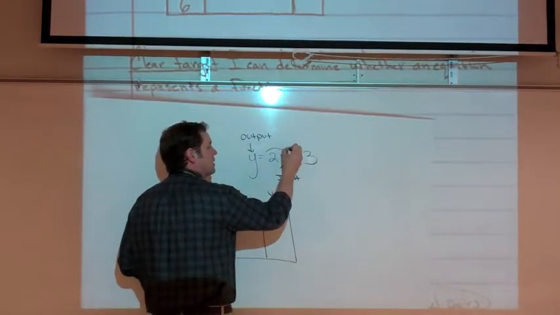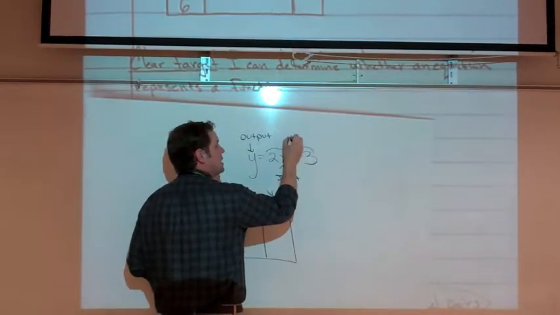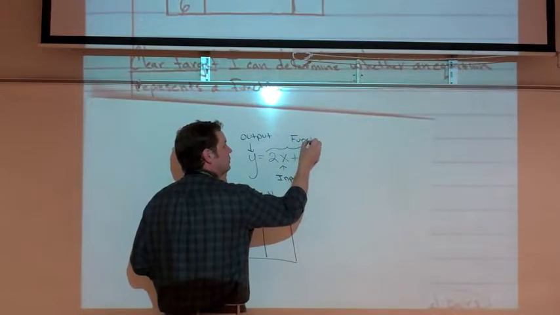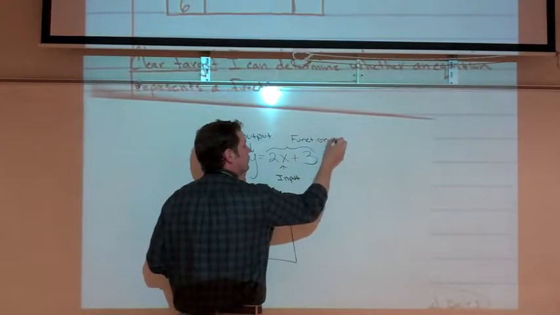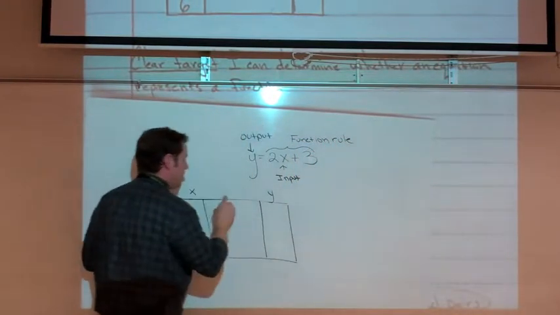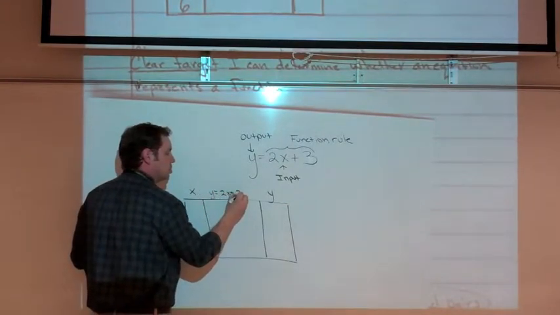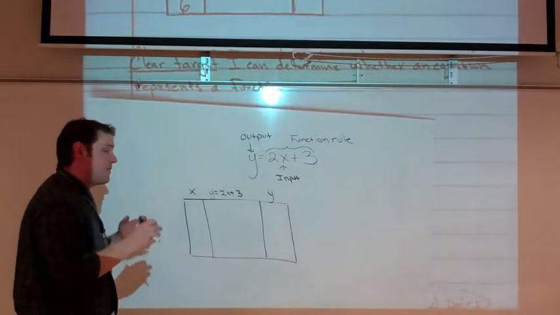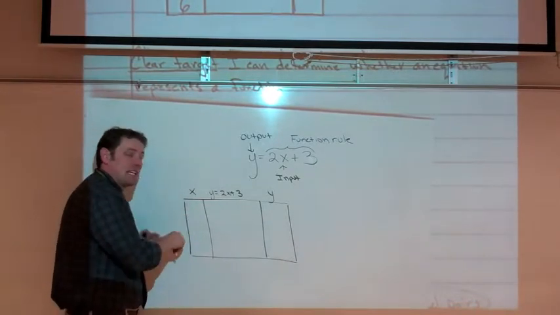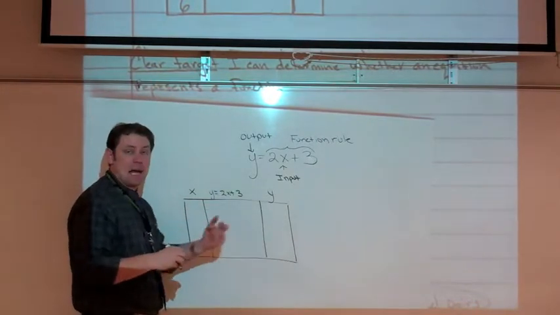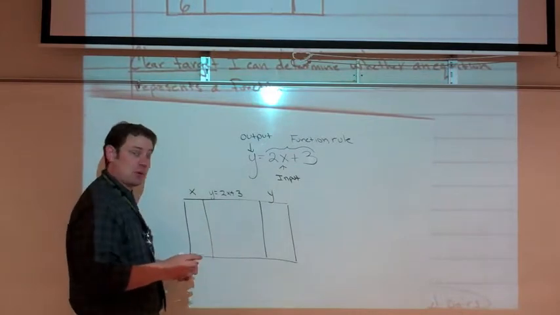Now this is what's known as the function rule, and the function rule goes here. Because the way the function goes, whatever you have as the input creates the output using the function rule.